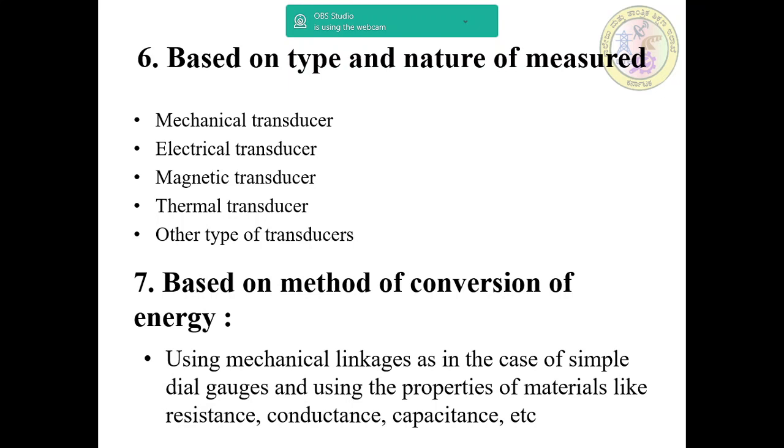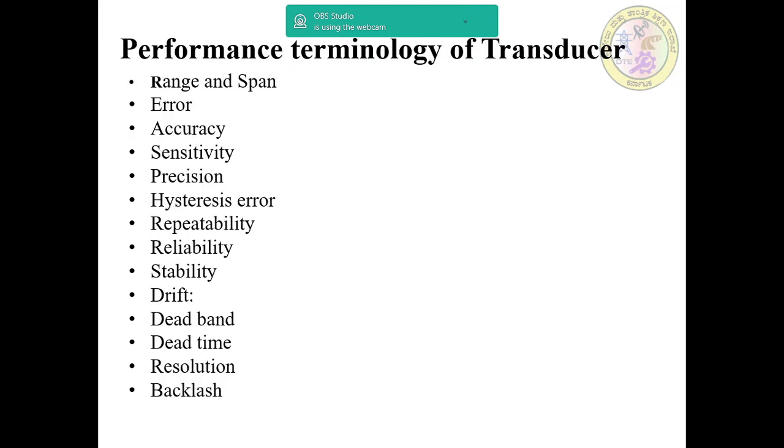In this type, we use mechanical linkages, as in the case of simple dial gauges, and use the properties of materials like resistance, conductance, and capacitance, etc. For example, strain gauges are used to measure the mechanical strain of a member due to load or force. These are the main classifications of transducers.